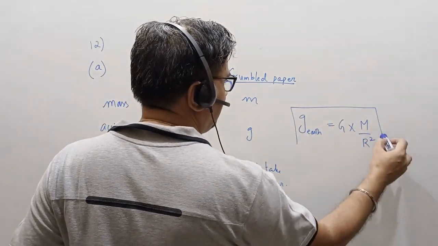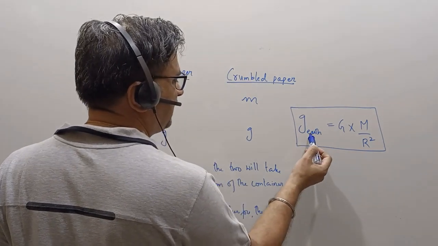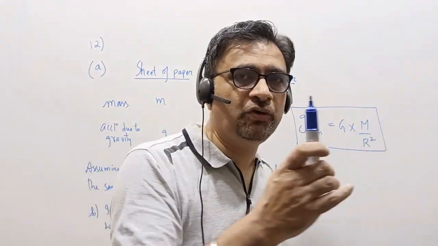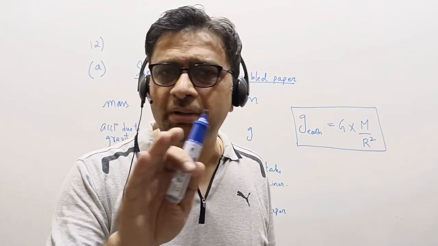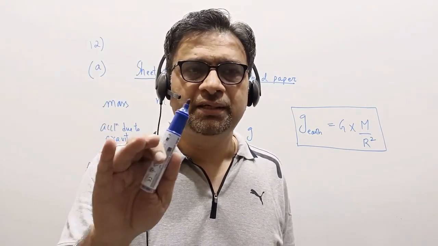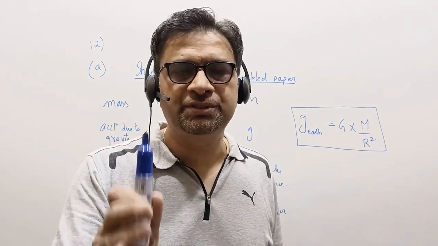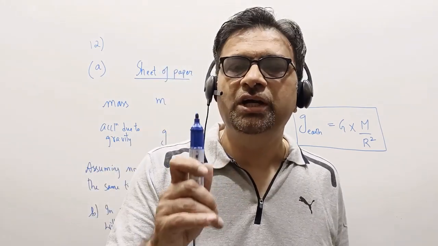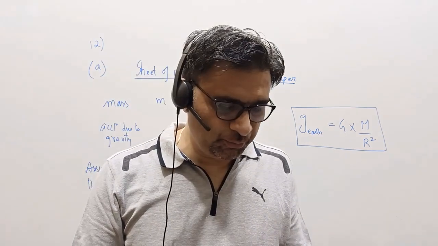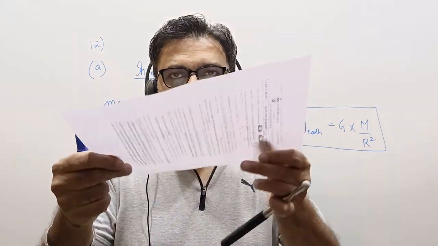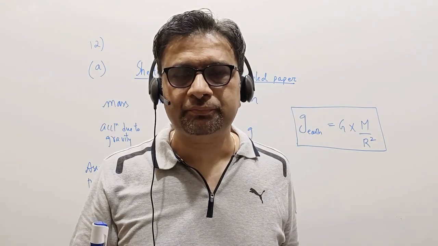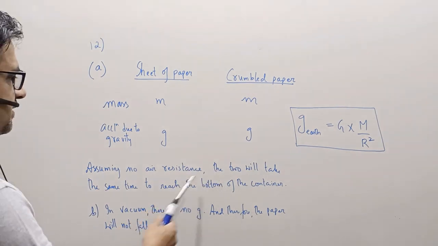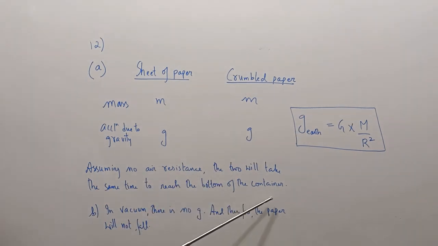You can see that this value of g is independent of the mass of the object, and therefore different masses will not take different times to cover the same distance. They will take the same time, and therefore, if we consider air resistance to be 0, this paper or a crumbled paper will take the same time to reach the bottom of the container. Assuming no air resistance, the two will take the same time to reach the bottom of the container.